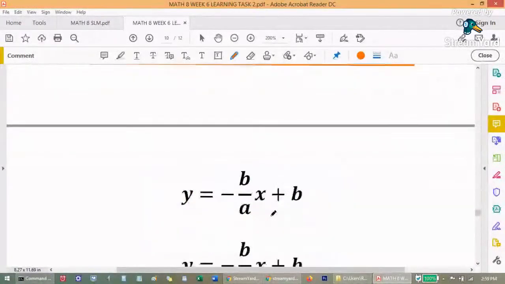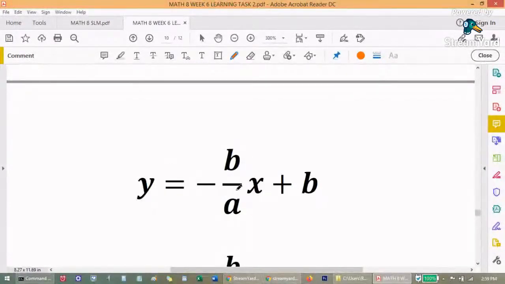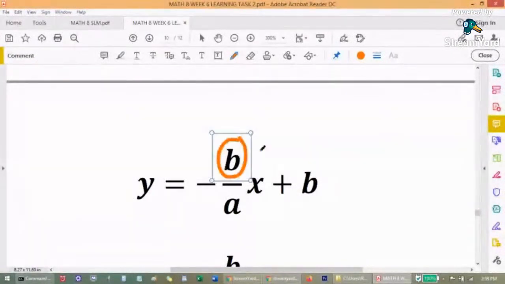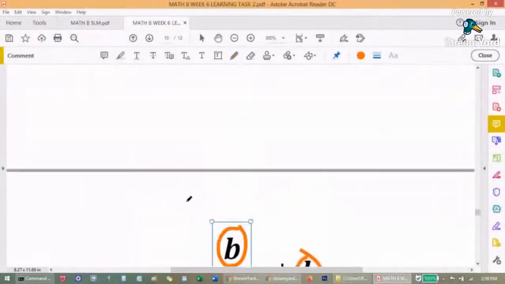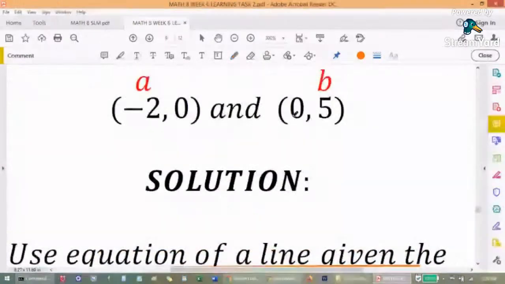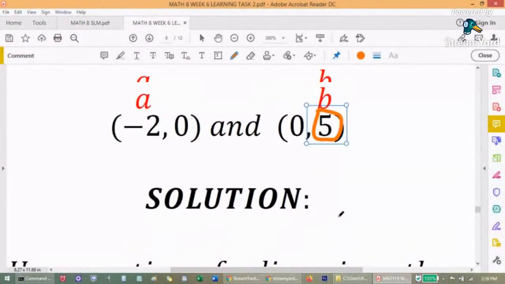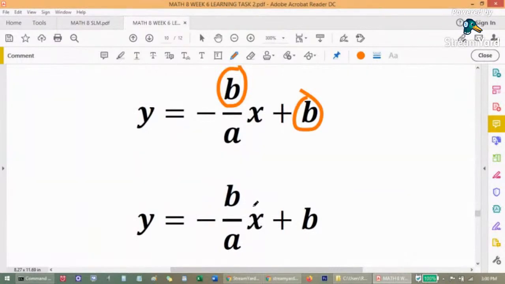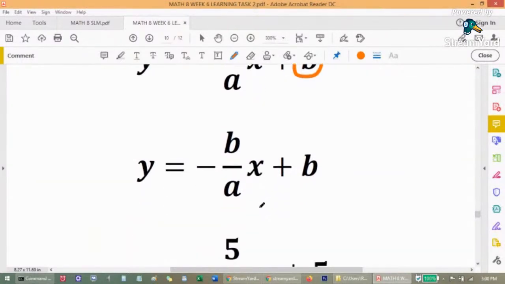Gaya na sinulat natin sa taas. So, papalitan lang natin yung mga b ng 5. Yung b natin is 5. Okay, nagdoble.